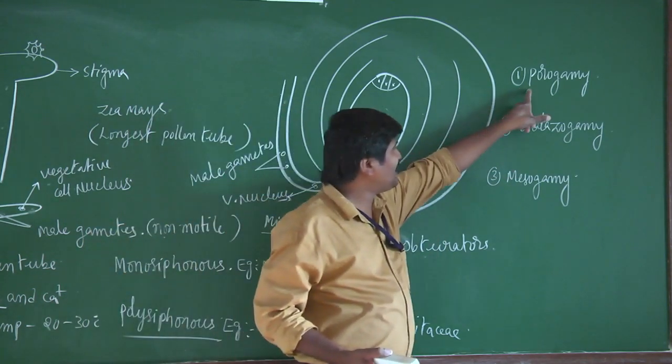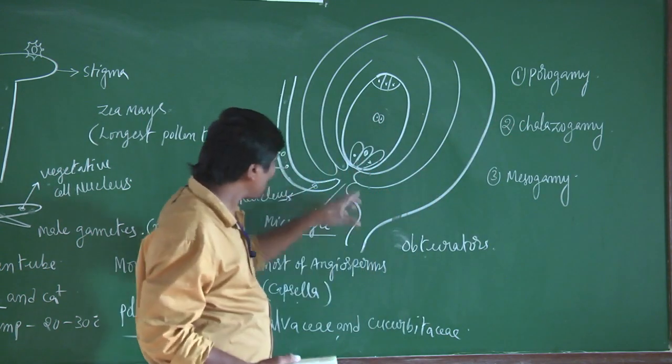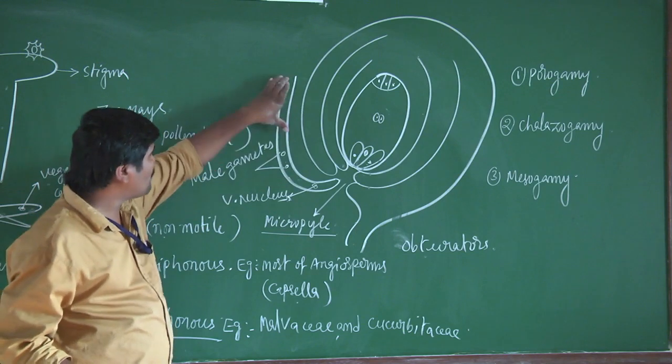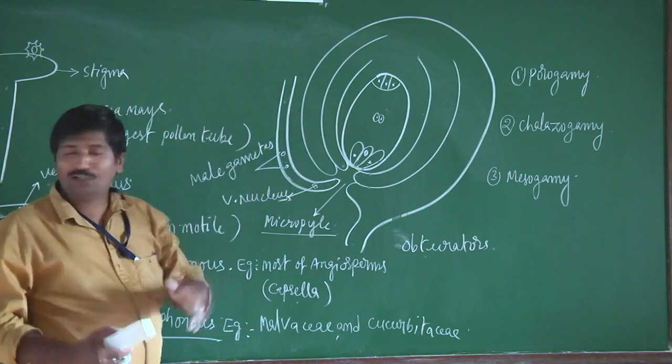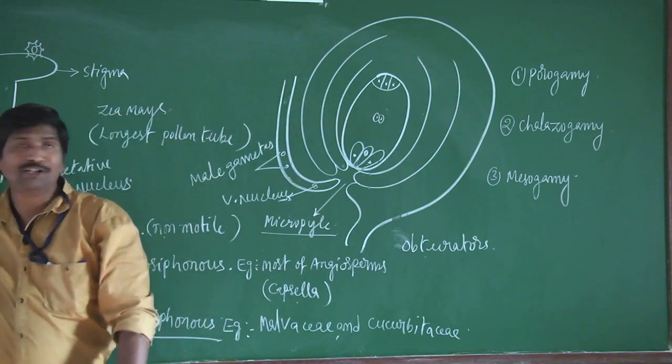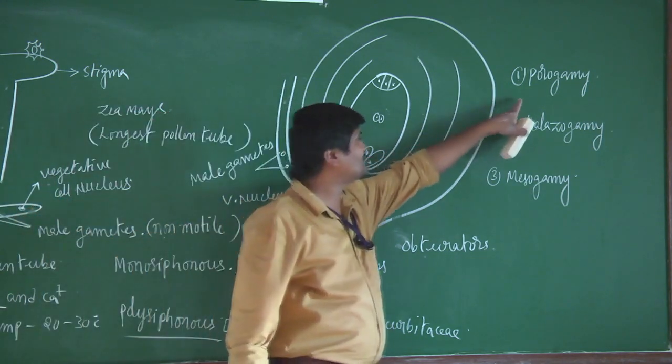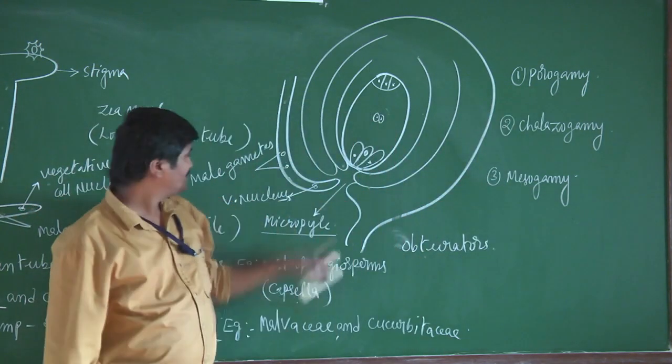What is meant by porogamy? A very easy definition. Porogamy means the pollen tube enters the ovule through the micropyle.